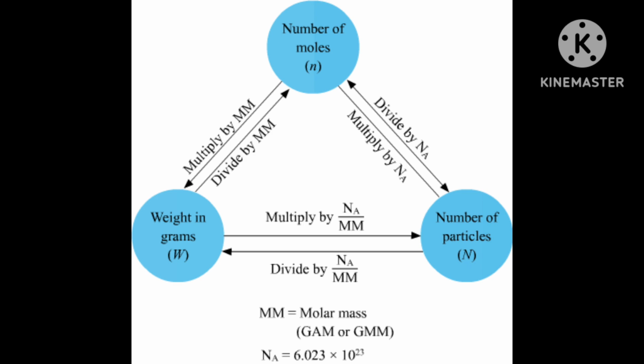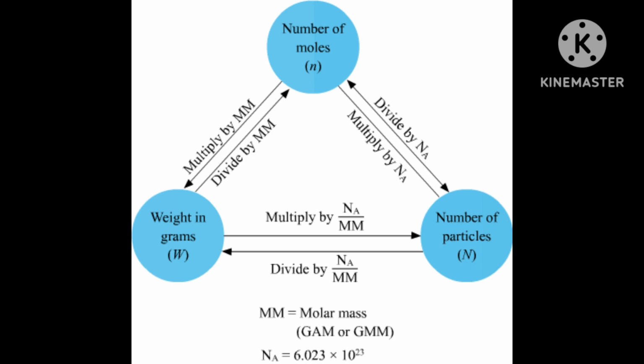Now second, in case of molecular substances. In case of molecular substances, 1 mole is equal to gram molecular mass or 1 gram molecule, that is equal to 6.02 into 10 to the power 23 molecules.